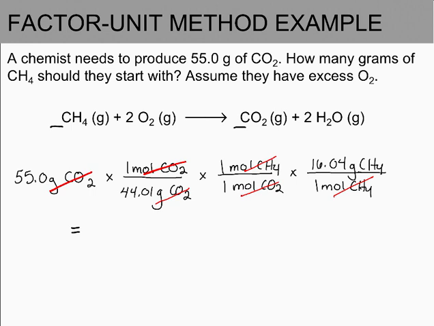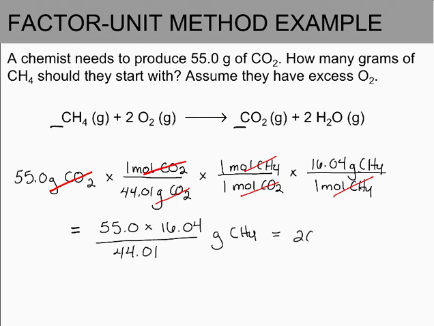Putting this all together, in the numerator we have 55 times 16.04, and in the denominator we have 44.01, and our final unit is grams of CH4. Plugging that into our calculator, our final answer should be 20 grams of CH4.